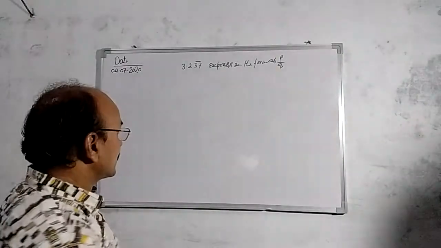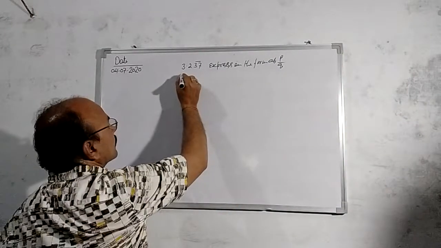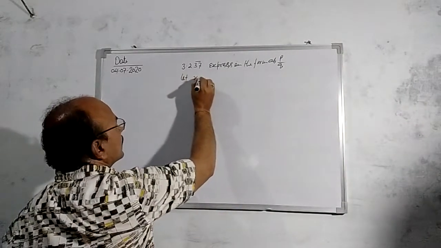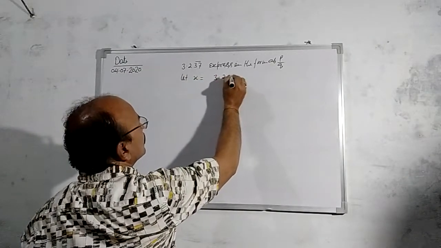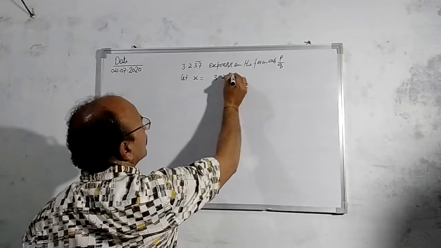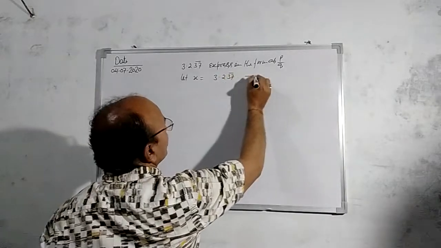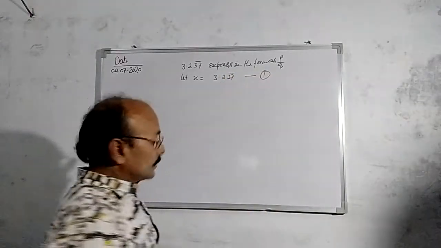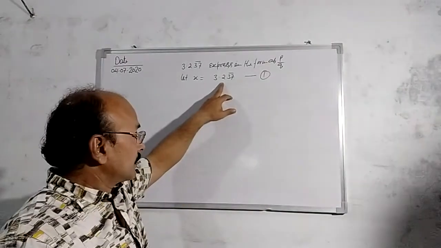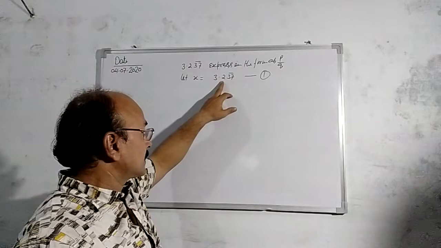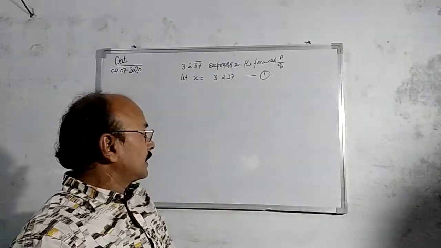So the same process, let x is equal to 3.237 bar, it is equation 1. See here clearly, there is a single digit between the decimal and the repeating digit.